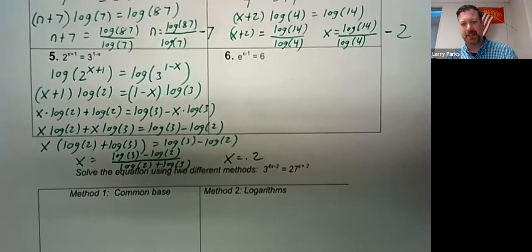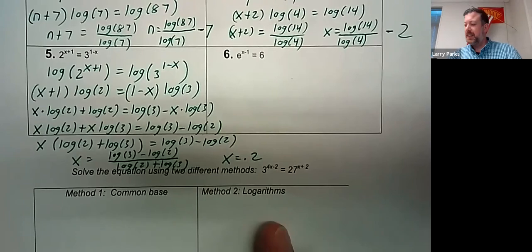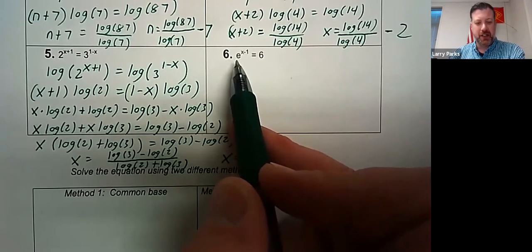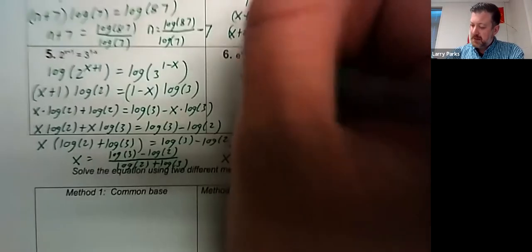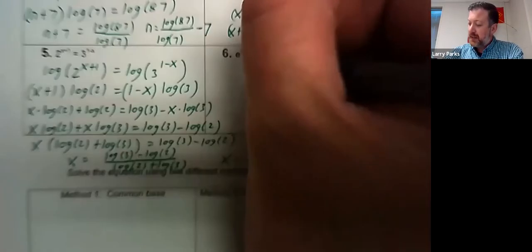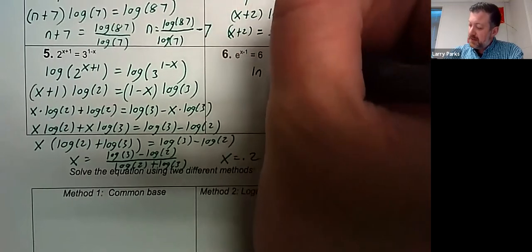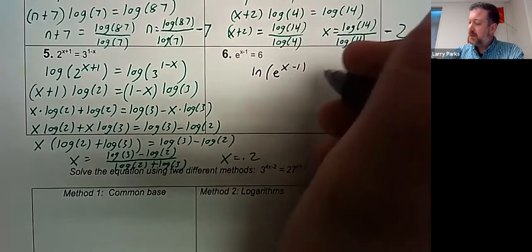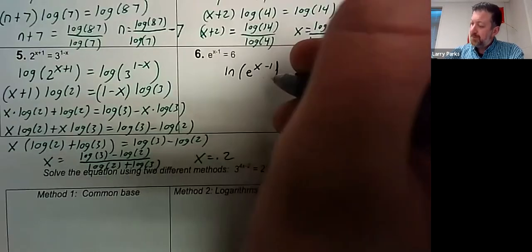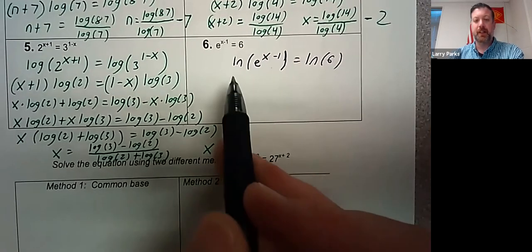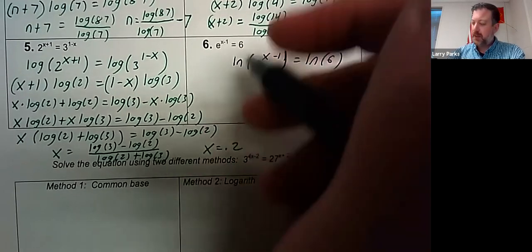All right, next one. E. How do we solve E? When you have E, you take the natural log of both sides. And what's nice, x minus 1 comes down.